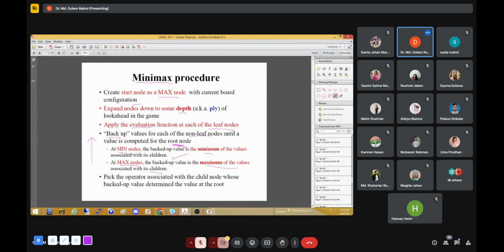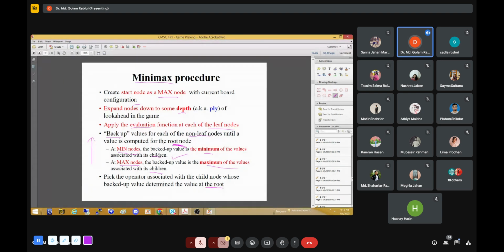Okay, but in min node, it's opponent's node. So it will try to minimize my utility. So at this stage it will try to find out the node which will produce the minimum value. So pick the operator associated with child node whose backup value determine the value at the root.